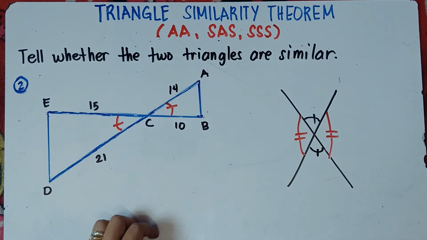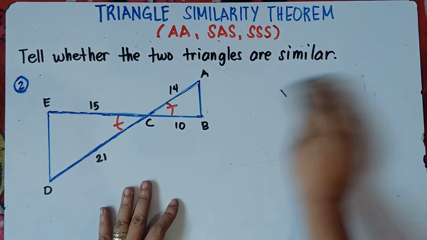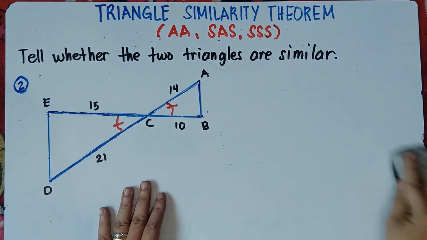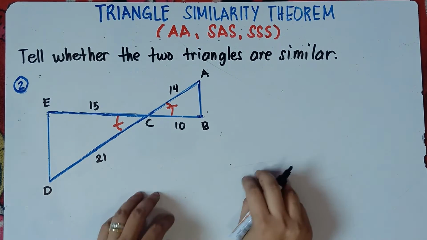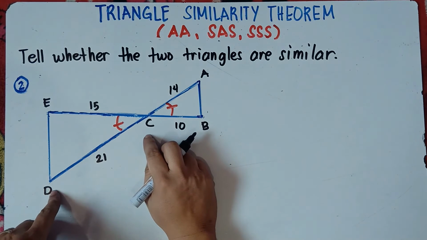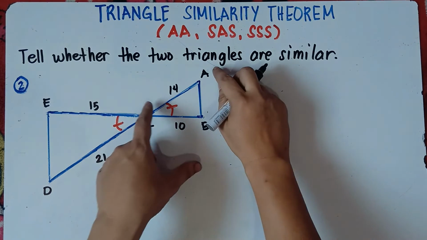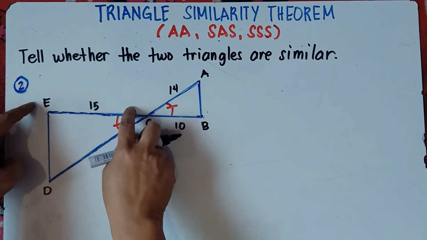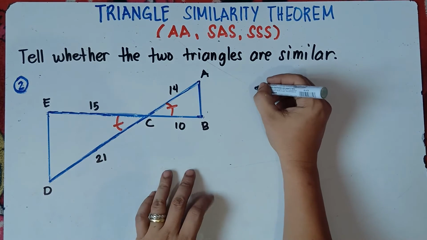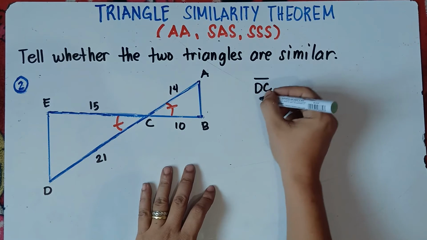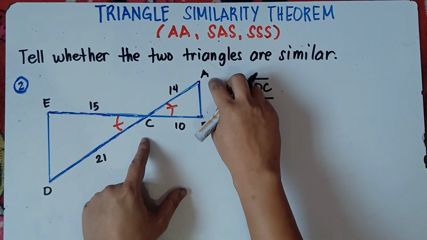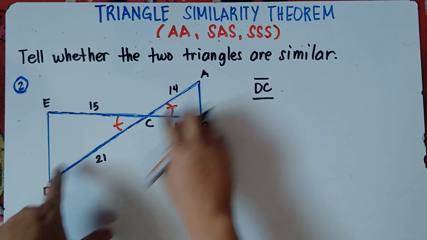Between these two sides. Alright, let's check if the sides are proportional. So, once again, this line segment DC over AC. So the ratio of this side over this side, and the ratio of this side over this side. So, line segment DC over line segment AC. So, once again, class, you check.